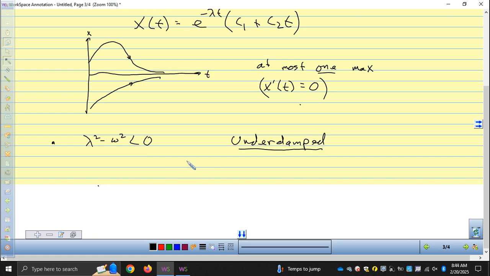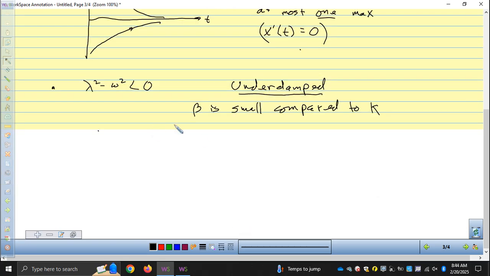An underdamped system is that beta is small compared to k. How small? Small enough that this quantity is less than 0. So the roots of our auxiliary equation are complex. We get sines and cosines.